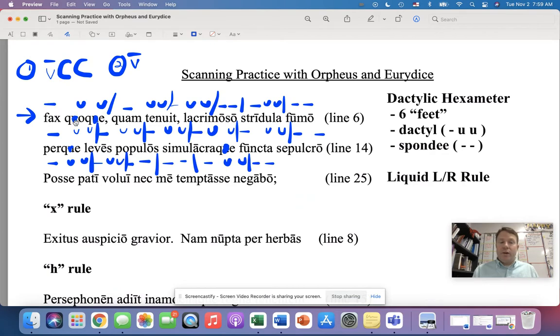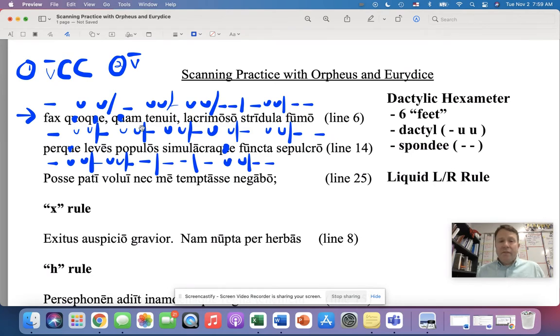So we are going to pretend that that U doesn't exist. QU, que, is just one consonant. So we're not going to mark it because we're not saying kuo, kue. That'd be 4 syllables. It's quo, que. So quoque, short. Here's another U we can just erase and ignore.